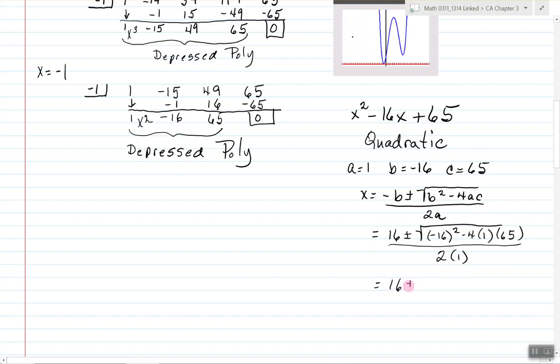This is 16 plus or minus the square root of, negative 16 squared is 256. And if I multiply these, 65 times 4, that's 260.